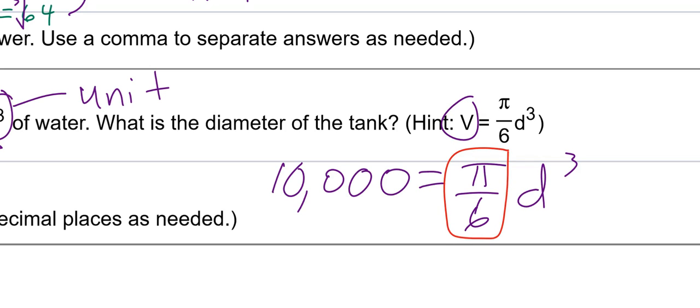What do we need to do to get rid of that thing? Multiply by its reciprocal. So we're going to multiply by 6 over pi. So what is 10,000 times 6 over pi? It's going to be an ugly number, folks. You basically have 60,000 divided by pi.